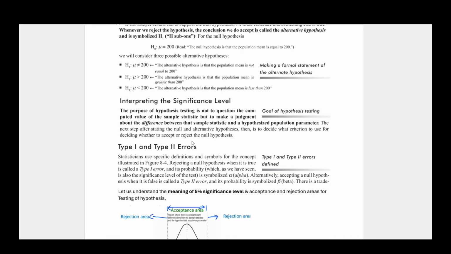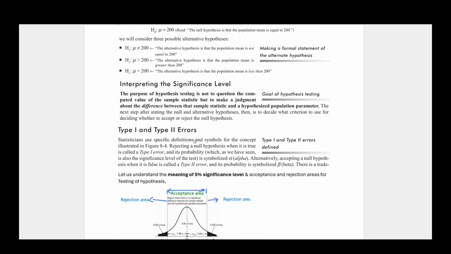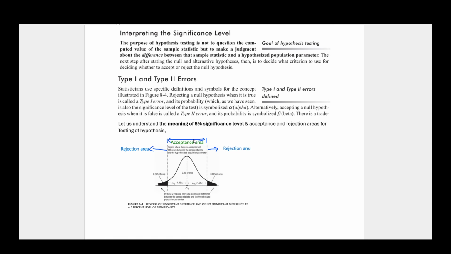Now there are two errors attached with hypothesis testing, type 1 error and type 2 error. So what exactly is type 1 error? Rejecting a null hypothesis when it is true is called type 1 error, and its probability, which as we have seen is also the significance level of the test, is denoted alpha.